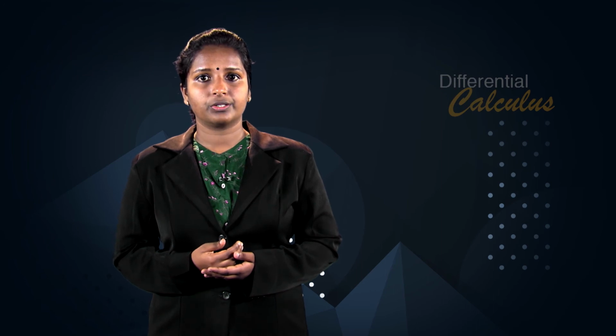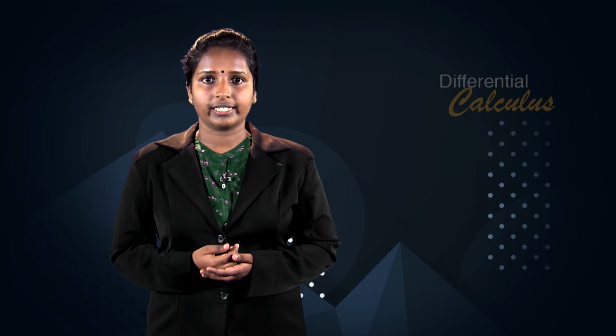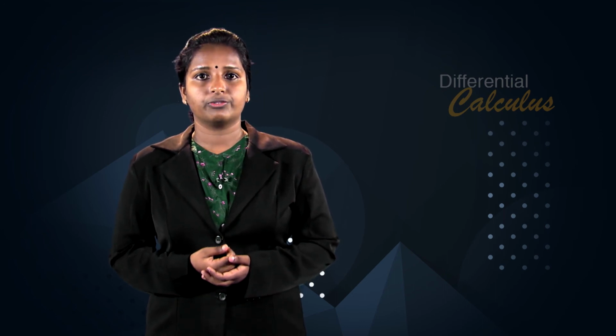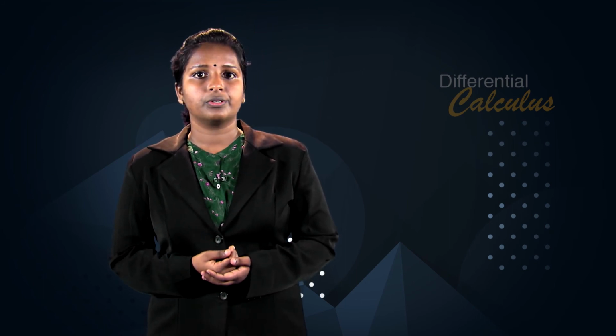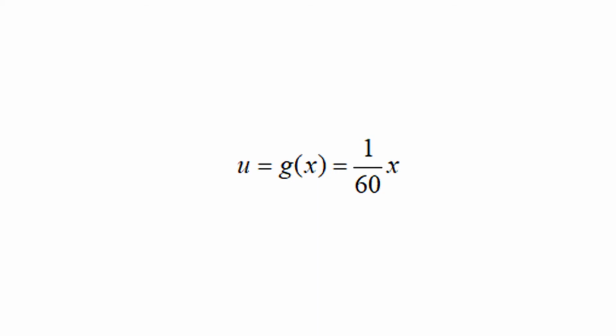If 1 liter of petrol costs 60 rupees, then each rupee you spend will give you 1/60 of a liter of petrol. So, if x is the number of rupees you spend on petrol, the number u of liters of petrol initially in the petrol tank is u = g(x) = x/60.